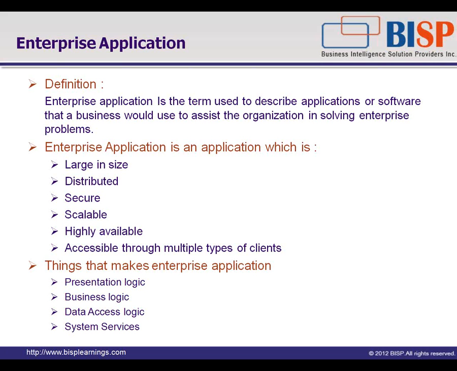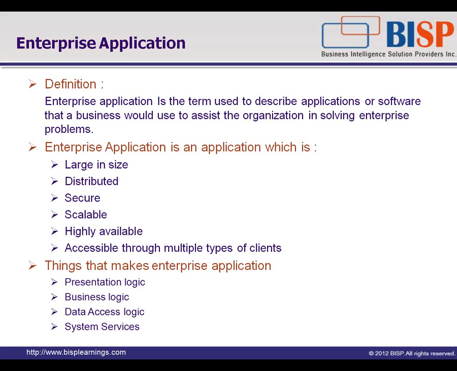Maybe they will run on a network. For example, my business logic is on one computer, my presentation logic is on one computer, and my database logic is on one computer. That's why enterprise applications are distributed. Basically, we use an N-tier architecture in our enterprise application.